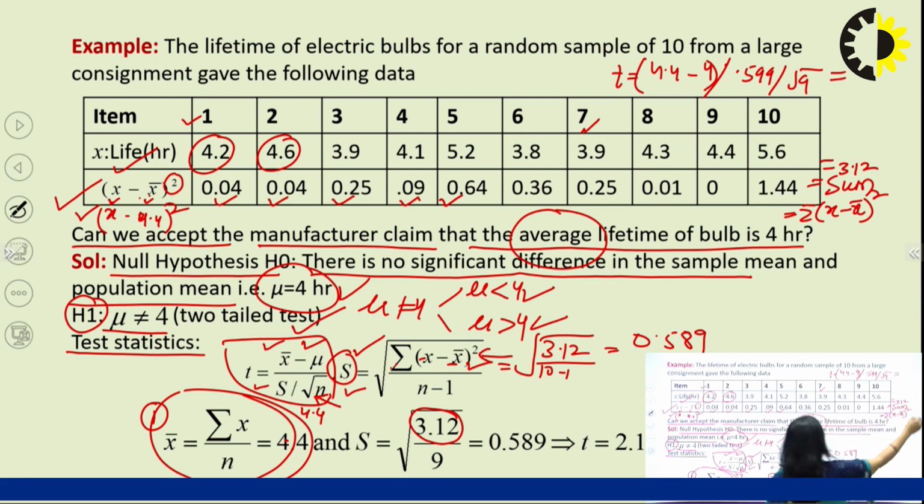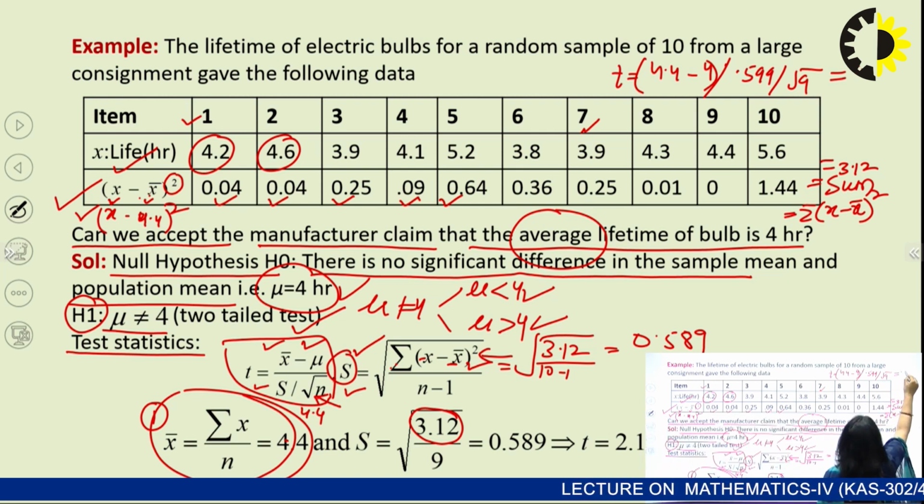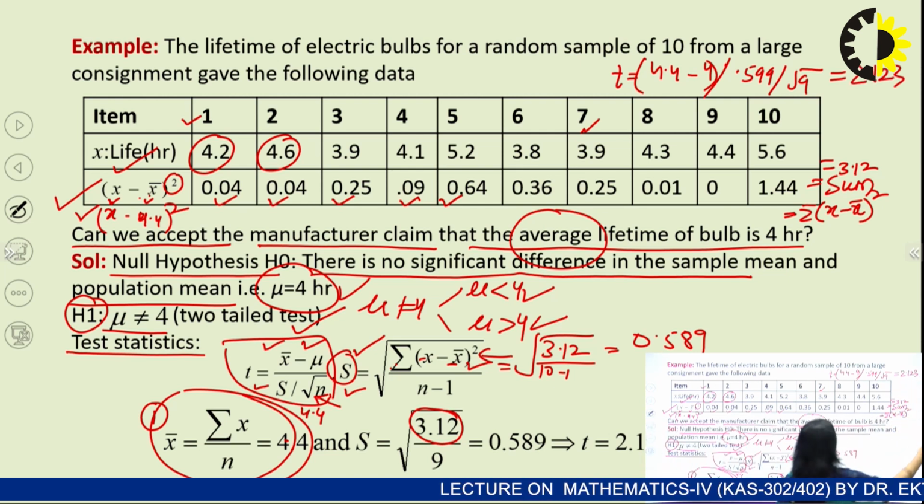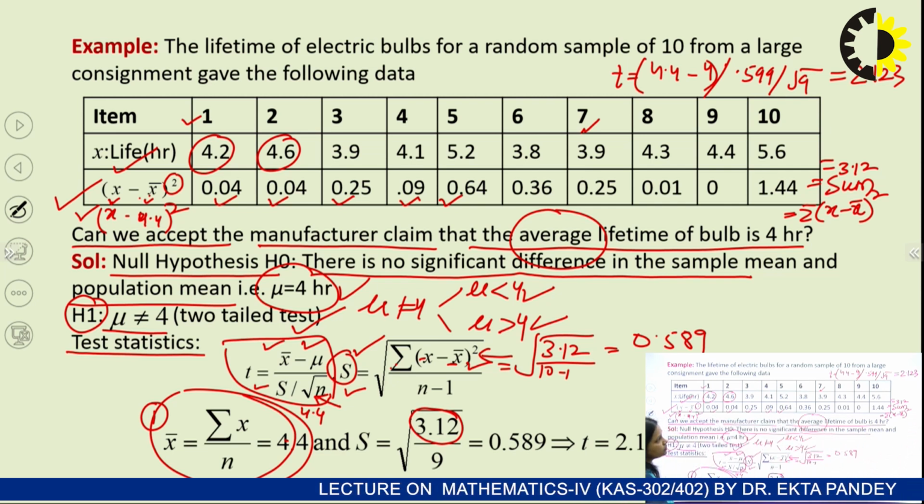Now calculate this value, and it is coming out as 2.123. So we have calculated the value of t.